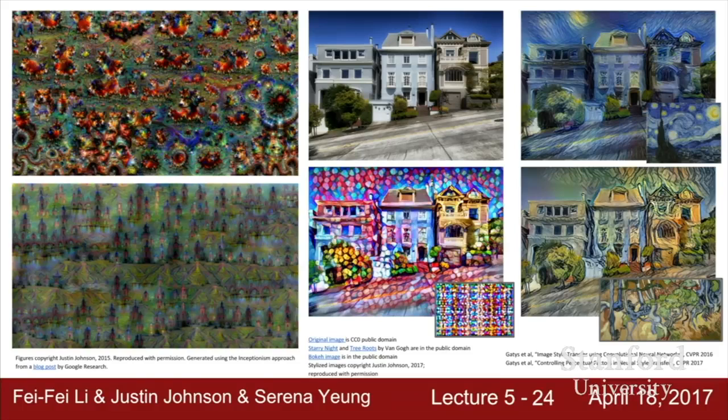There's also neural style work, where we take an image and re-render it using the style of a particular artist and artwork. Here we can take, for example, Van Gogh's Starry Night on the right, and use that to redraw our original image in that style. Justin has done a lot of work in this, and if you're interested, these are images produced by some of his code, and you should talk to him more about it.